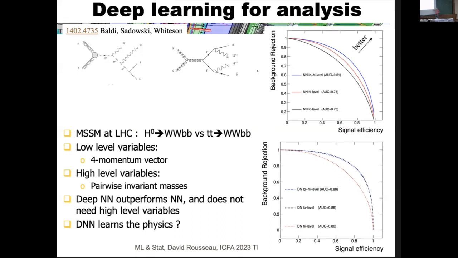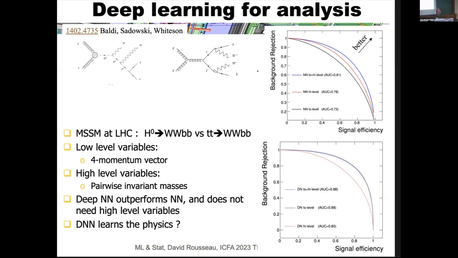If you give the neural network the mass of the pair of particles, it doesn't improve anything, meaning that the neural network was able to extract all the information from the low-level variable. Plus the AUC here, 0.88, is much better than anything which was there before.